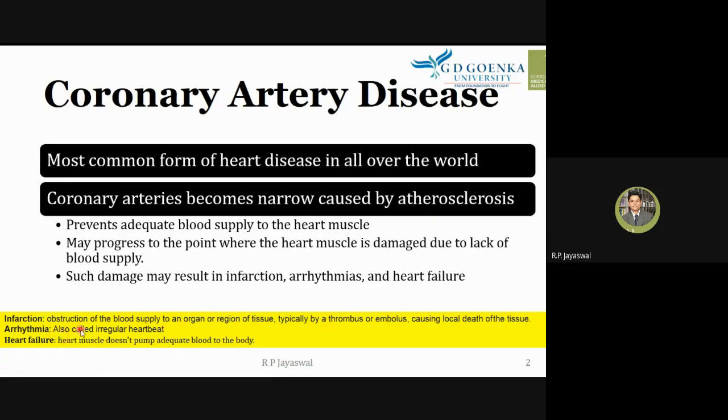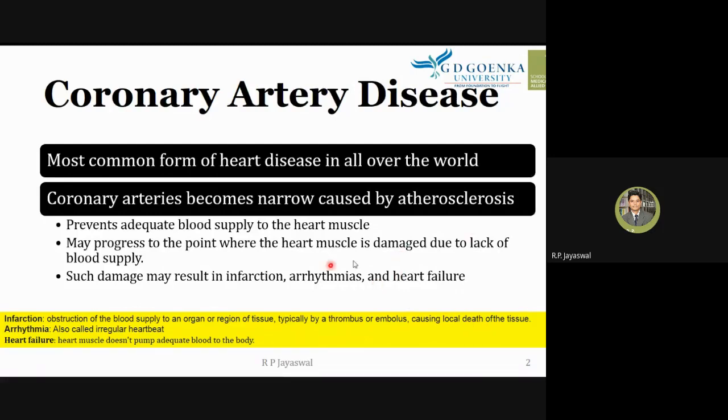It's a condition of severe atherosclerosis, where there is obstruction of blood supply to the heart tissues, and sometimes this obstruction may be because of a thrombus or embolus, which is a clot-like formation in the blood. It can occlude and obstruct the blood supply when it comes into the coronary artery, so it causes local death of the tissues.